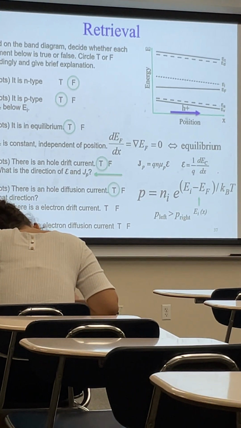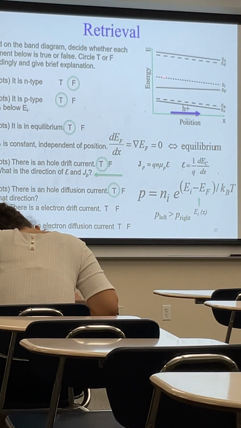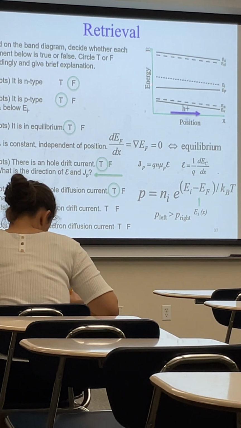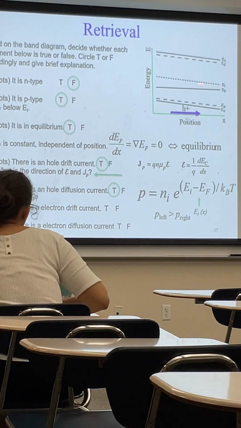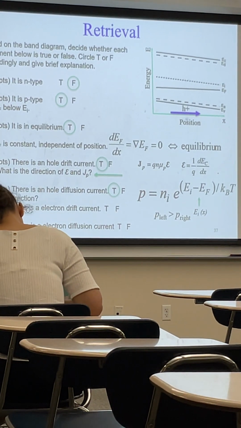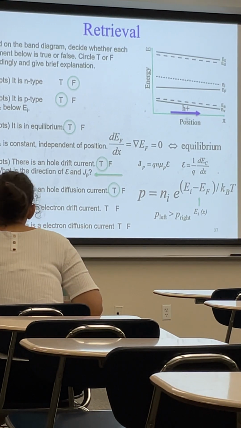Just look at this band diagram: the position between EI and EF tells you how the hole concentration changes. Any questions about this problem?